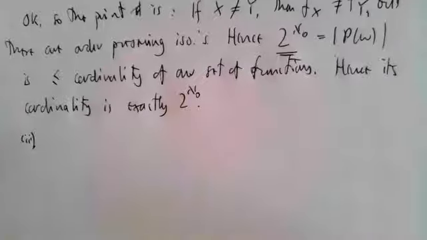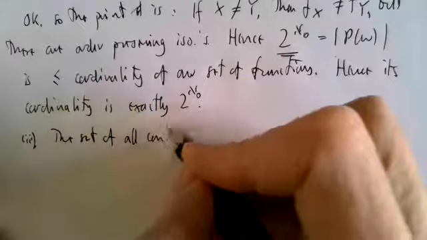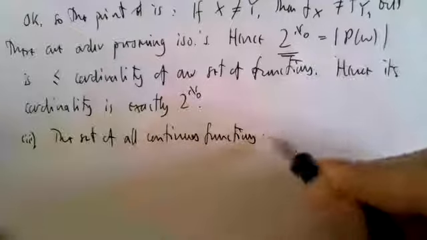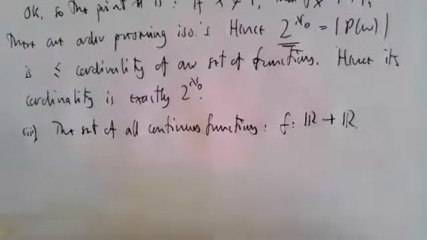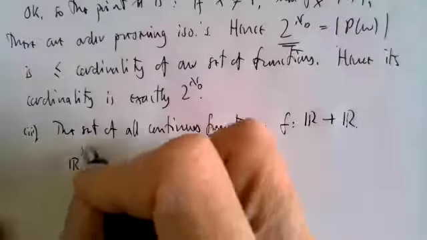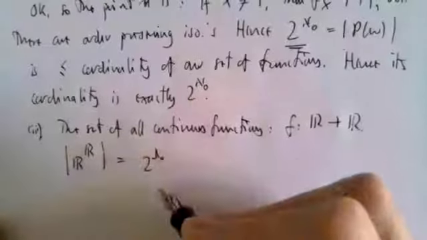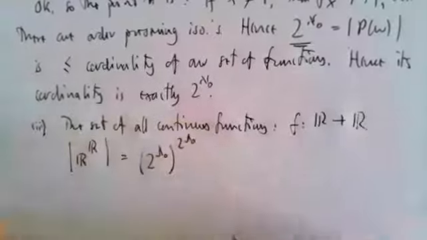Now, the set of all continuous functions. Well, prima facie, you might think it's the same as this, which is 2 to the Aleph 0 to the power 2 to the Aleph 0.